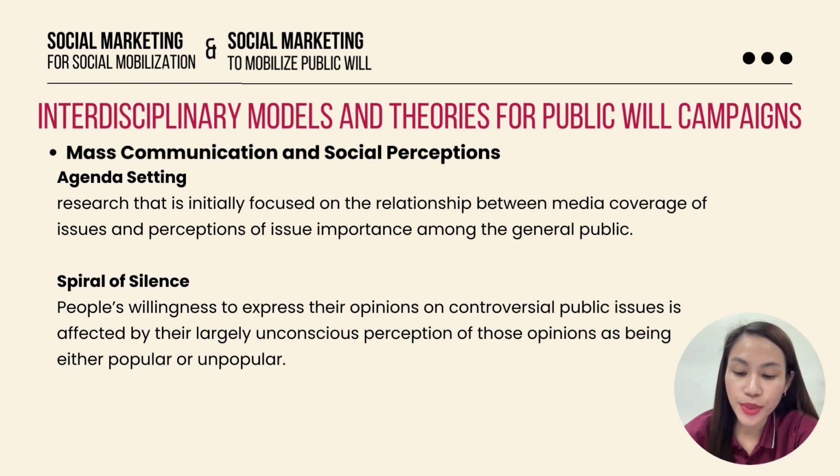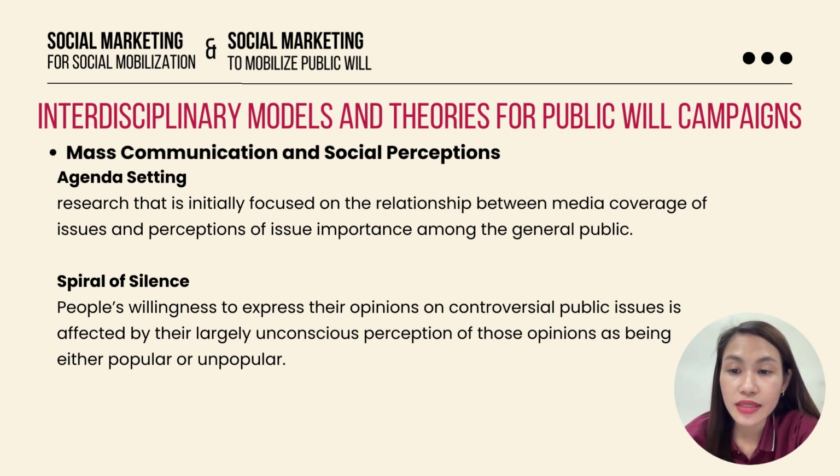Before the field of mass communication enjoyed a renaissance in the early 1970s, some scholars concluded that media seemingly had little empirically verifiable impact on individuals and society. Agenda setting and spiral of silence are two theories significant to the study of public will.